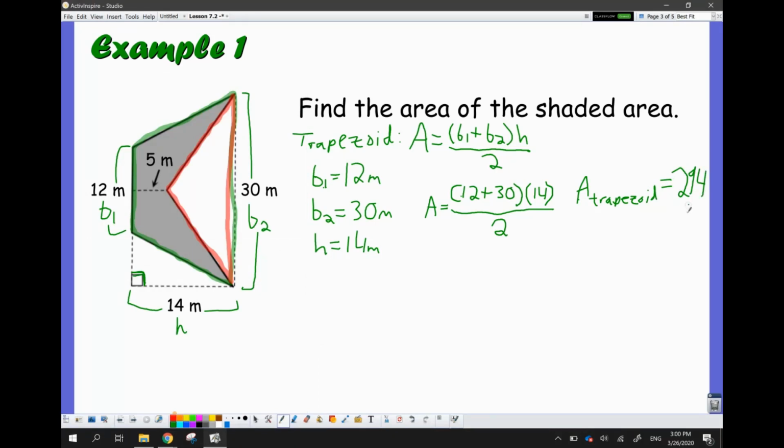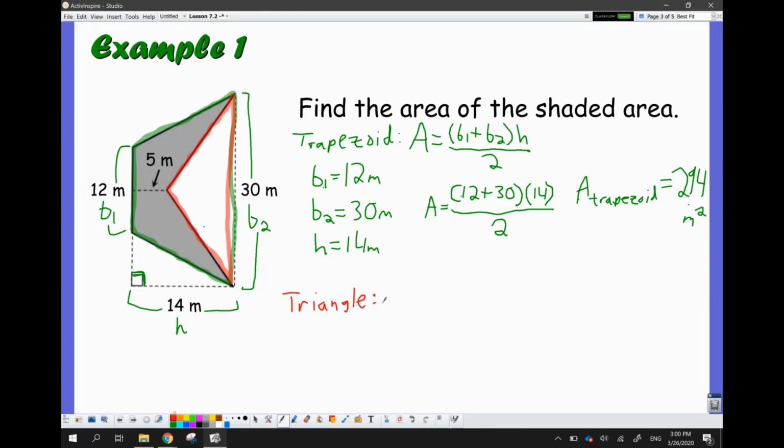And that is meters squared. So 294 meters squared. Now that's only for the trapezoid, but remember, now that I have the area of the trapezoid, I need to subtract the area of the triangle. So I'm going to set up another section down here. I'm going to label that triangle.